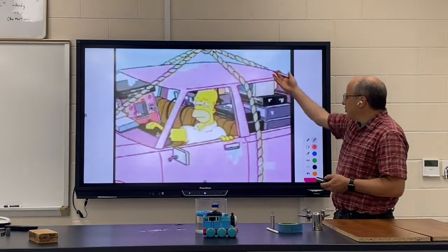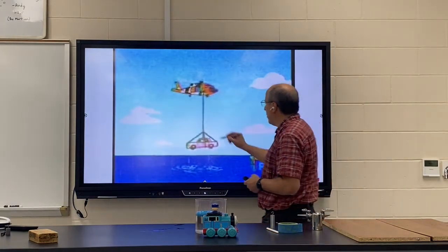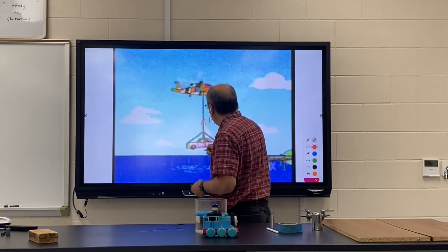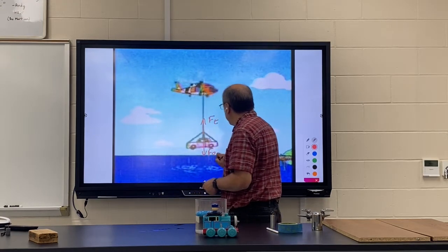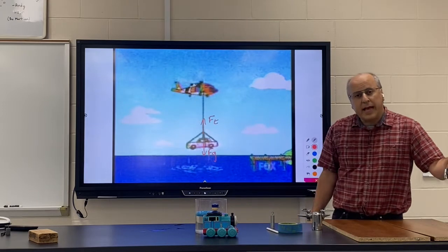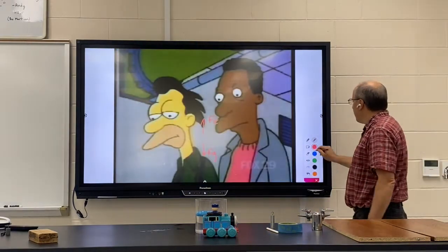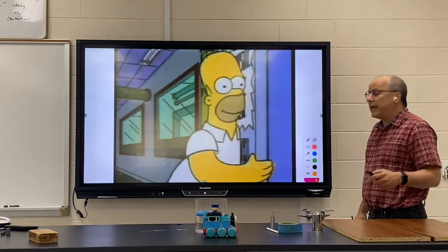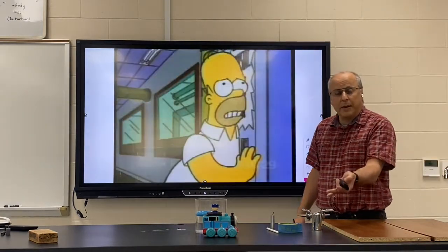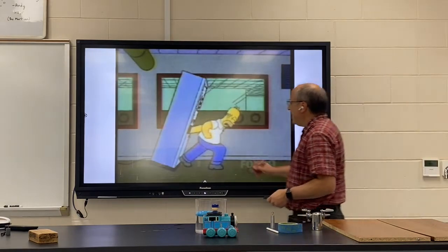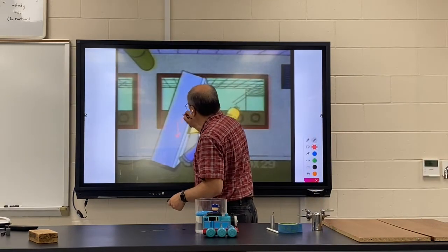We've got Homer's car being lifted by the Coast Guard. And if we're focused on the car, we would have only two forces, gravity pulling down and tension pulling up. Finally, we have Homer pulling a vending machine across the nuclear power plant floor. And when he does that, we have gravity pulling it down.